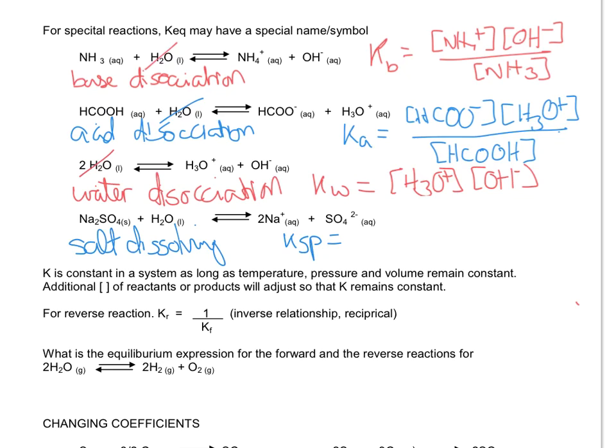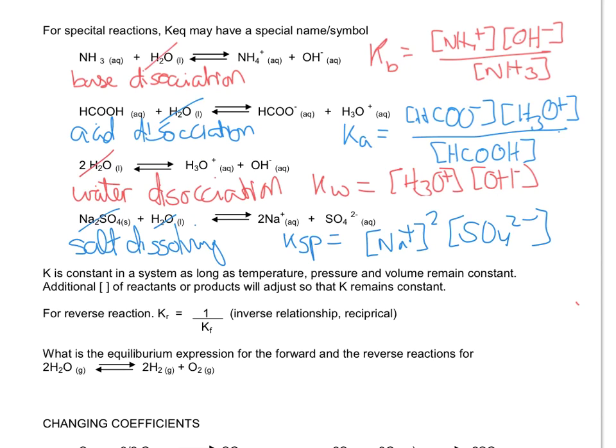You'll see why in a second. As always, it's the concentration of the products over reactants raised to the power of their coefficients. So concentration of Na plus squared times the concentration of the SO4 2 minus. And then we don't include the Na2SO4 because it's a solid. We don't include the water because it's a liquid. This is called KSP.